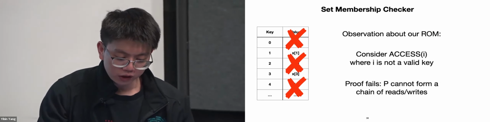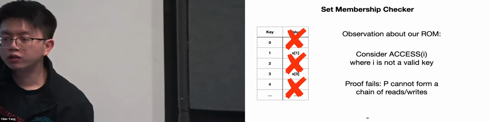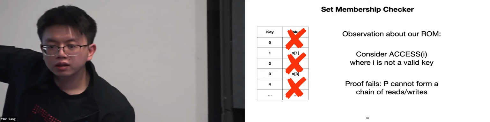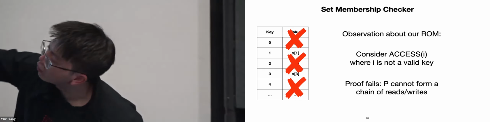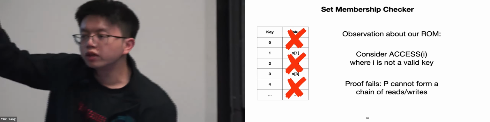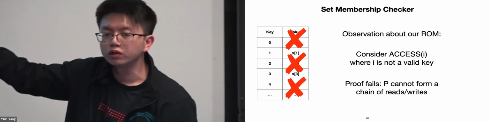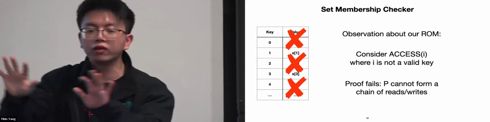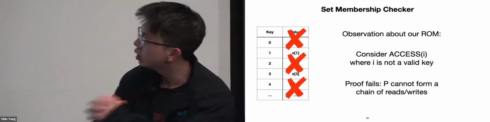Essentially, the observation here is you can imagine you have a read-only memory where each element just saves nothing. Right? And then what is this? This basically is a set membership checker for the key entry. If the prover wants to use something outside of this key, he should not be able to use it, because there is no way for the prover to construct this permutation. You cannot cancel it out.